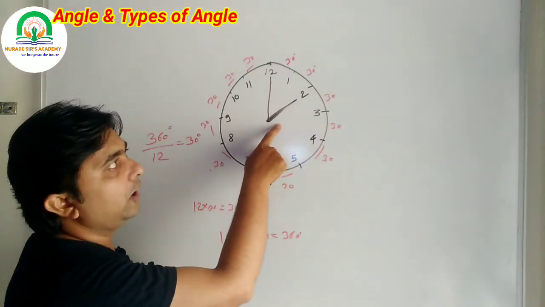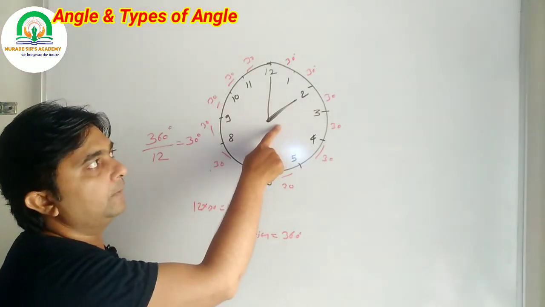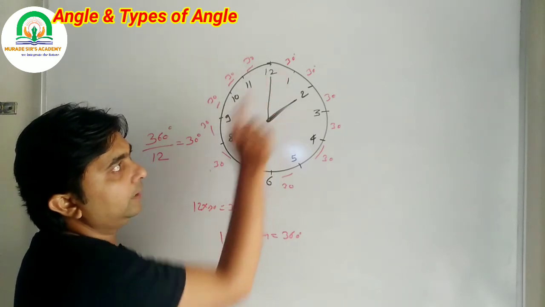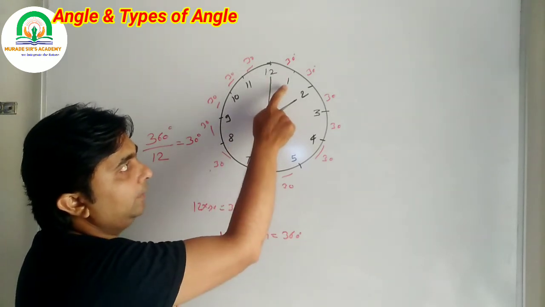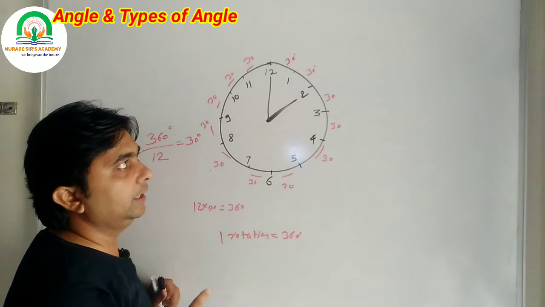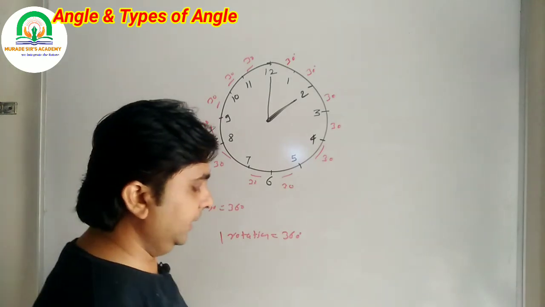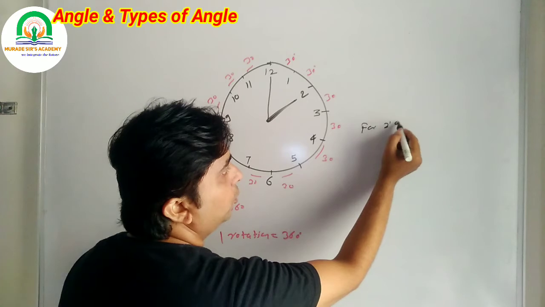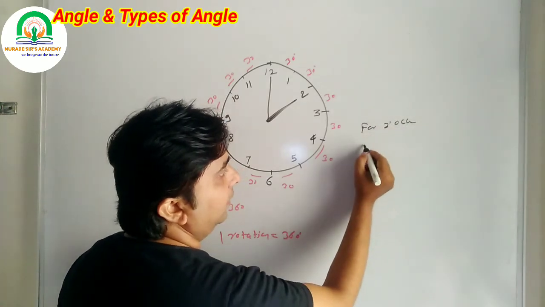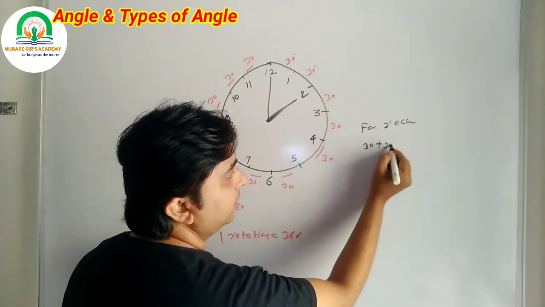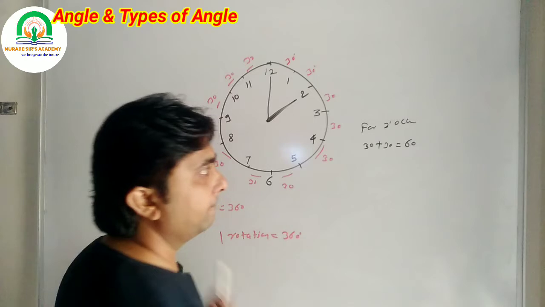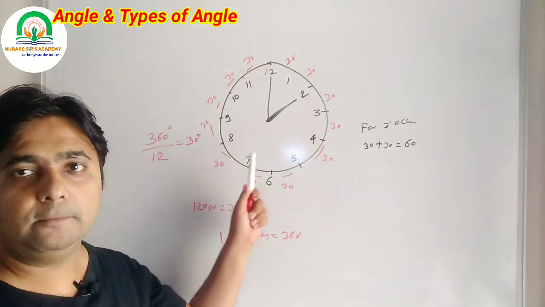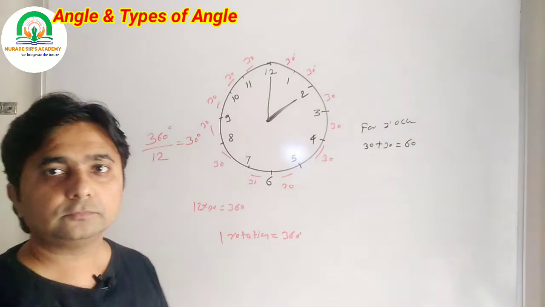This is 2 o'clock: the angle between 12 and 1 is 30 degrees, and the angle between 1 and 2 is 30 degrees, so for 2 o'clock the total angle is 30 plus 30, which is 60 degrees. In this way we will solve questions based on the watch.